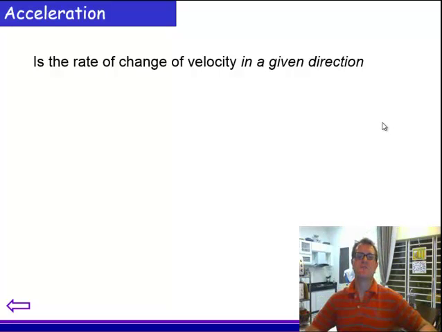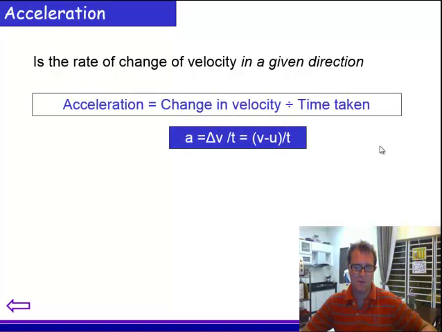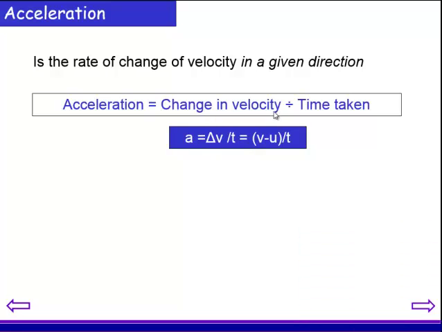Acceleration is the rate of change of velocity in a given direction. Again, it's in a given direction because it is a vector. It stems from a calculation of rate of change of velocity, and velocity is also a vector. We work this out by looking at the change in velocity divided by time.